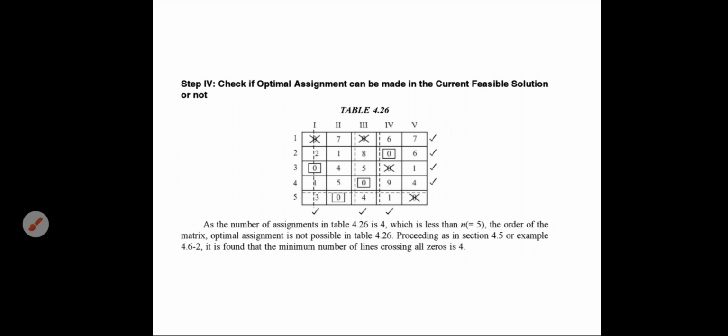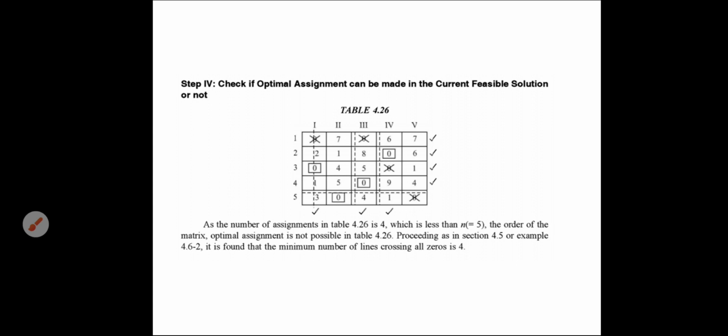Now, as it is not optimal, you mark the rows. Choose the rows where there is no assignment initially. The first row has no assignment. In that row, find the zeros. The first column and third column have zeros, so mark the first column and the third column.